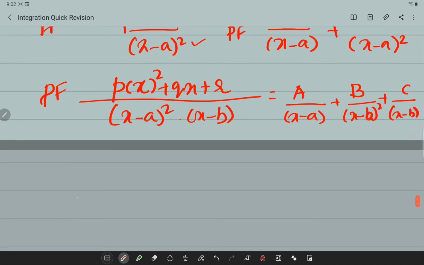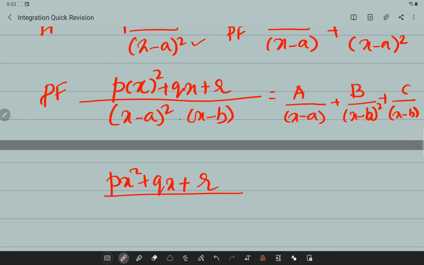Now let's go to the last form, which is px square plus qx plus r divided by x minus a into x square plus bx plus c. Now this particular quadratic equation has roots which are not real.